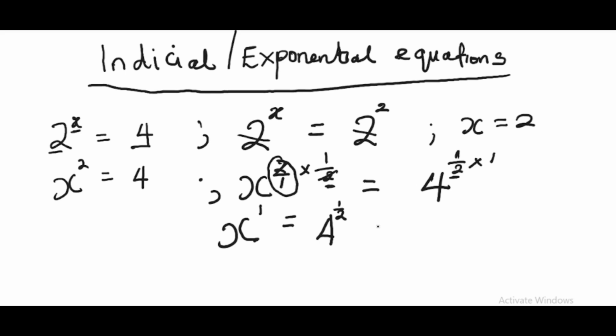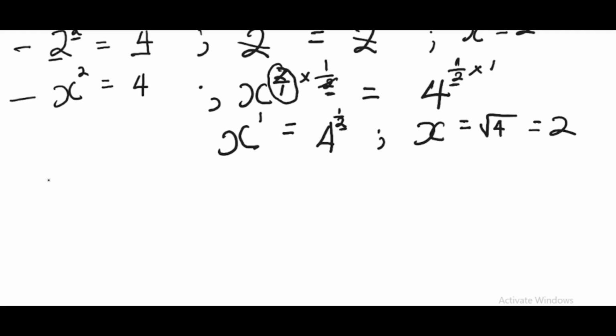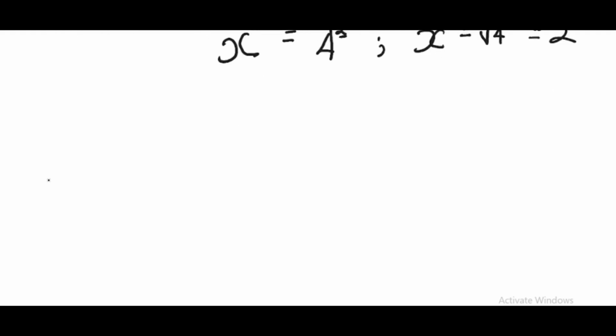If you have seen the video on the laws of indices, you will know that the law to be applied here is the fractional index, and you have x to be the square root of 4, and the square root of 4 is 2. So these are the two forms that an indicial equation can take: either the unknown is in the exponent or the unknown is in the base. Having this knowledge, now we can comfortably look at WAEC questions on exponential or indicial equations.